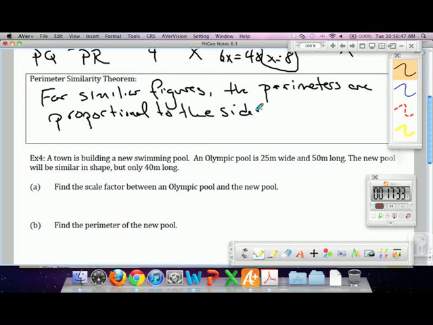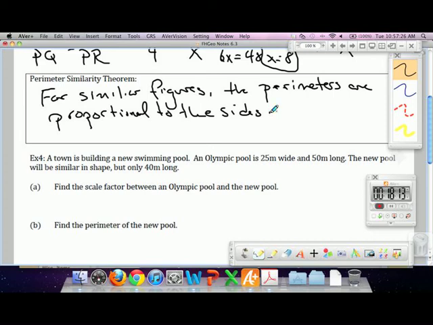So if you add up all the side lengths, you get the same ratio as if you just take any one pair of the sides. Like in the example, you can find its perimeter without even knowing the individual side lengths of the second pool. Because we can find the ratio of the sides, we can set up a ratio involving any one side length and go directly to its perimeter without having to do much other calculation.